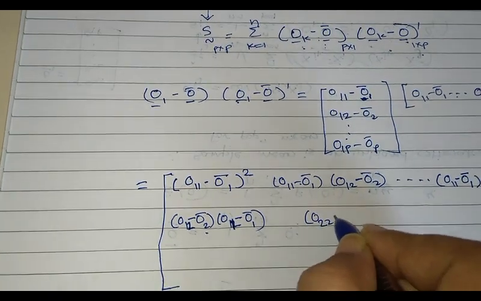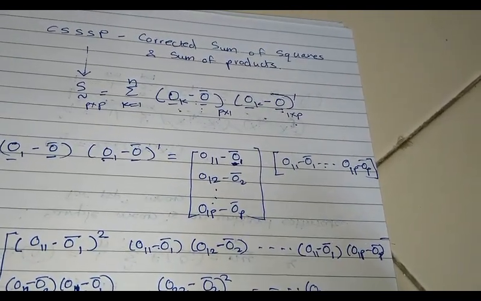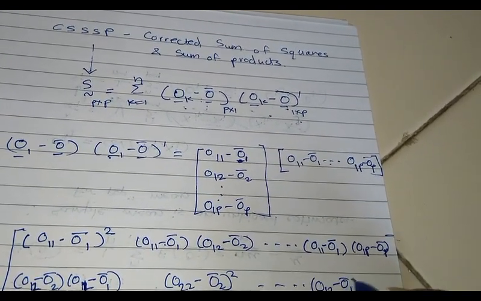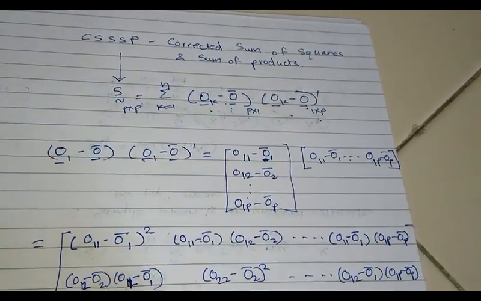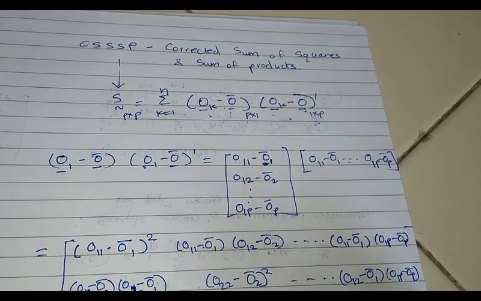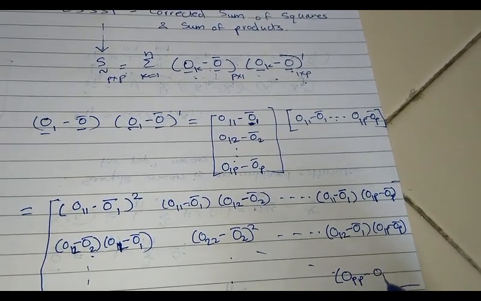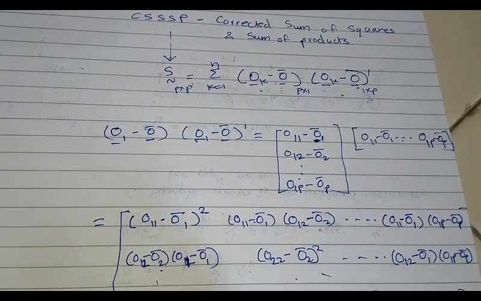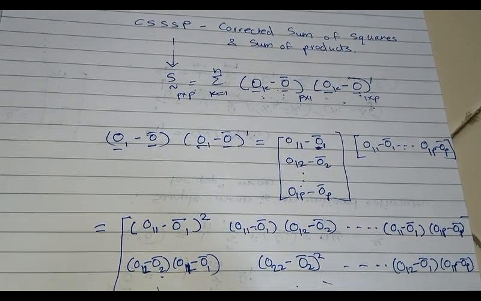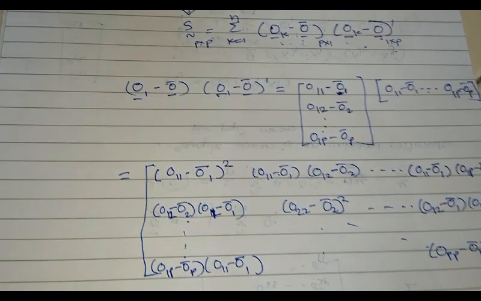Here I would have (O_12 minus O_2 bar) whole square, and the last entry would be (O_12 minus O_2 bar) into (O_1p minus O_p bar), and so on. The last entry would be (O_1p minus O_p bar) whole square. If you want to write this entry, it would be (O_1p minus O_p bar) into (O_11 minus O_1 bar).